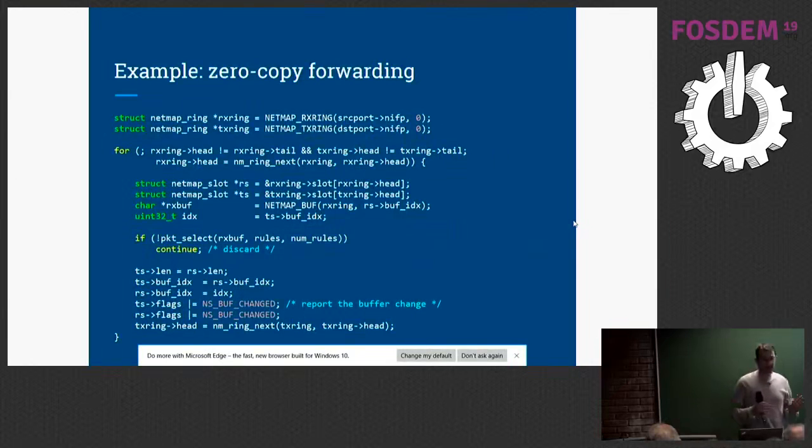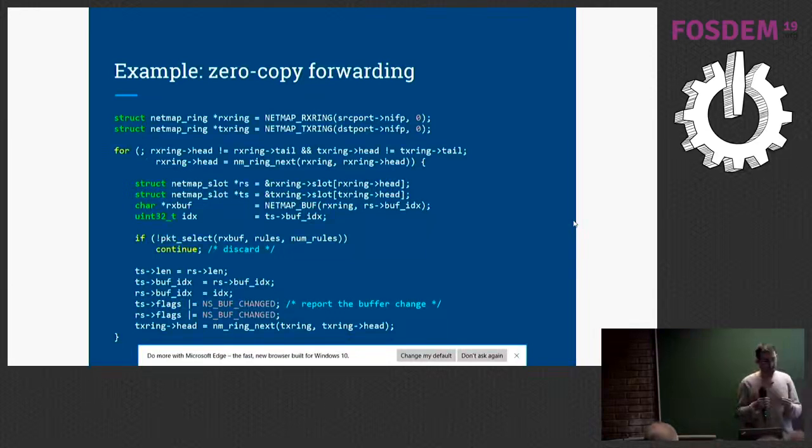It's interesting. What I'm doing here is just a parallel scan of two rings. I have a receive ring from the source port and a transmit ring of the destination port. I want to forward a bunch of packets from the receive ring to the transmit ring. So I do a parallel scan, and the nice thing is that with Netmap you can implement zero copy forwarding.